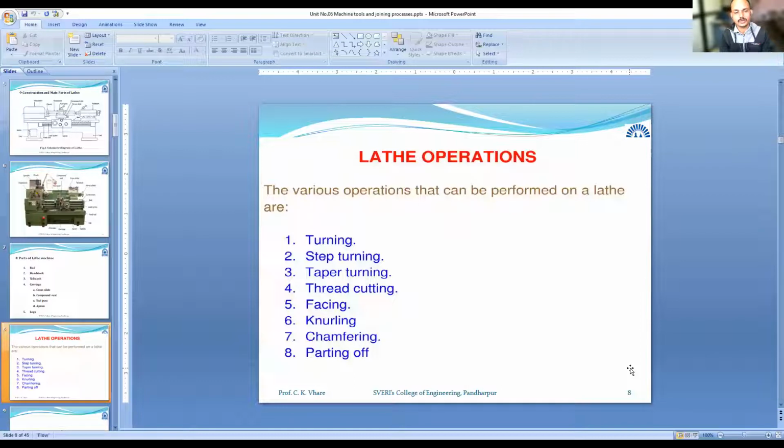The first one is the turning operation. In turning, there are two types: the first one is plain turning and the second one is taper turning.